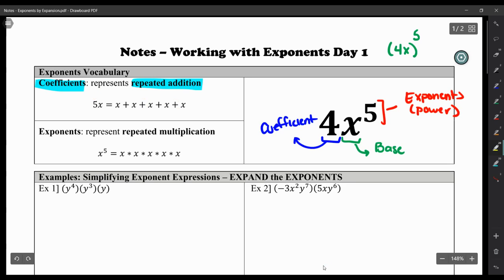Exponents are similar, but exponents represent repeated multiplication. If you're multiplying something over and over again, we represent that repeated multiplication with an exponent. Coefficients are repeated addition and exponents are repeated multiplication.